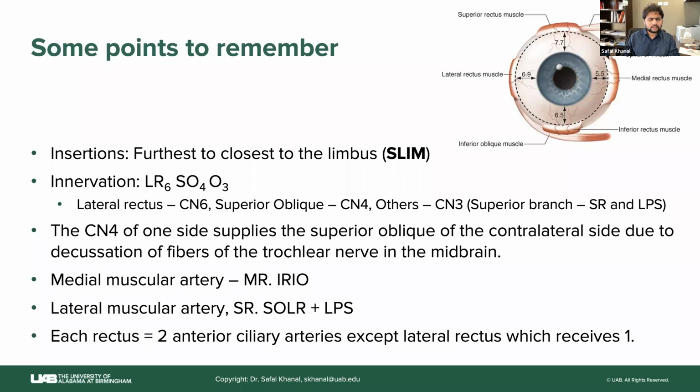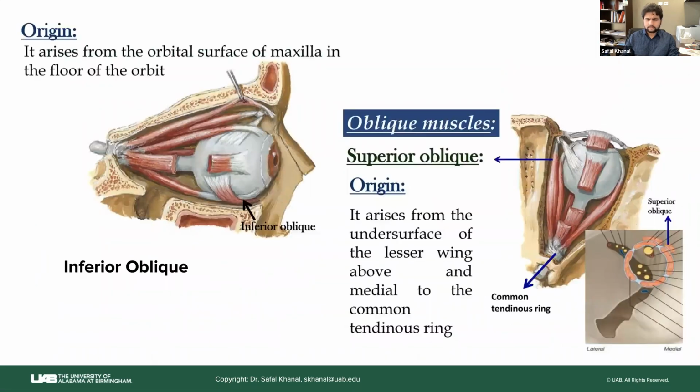The lateral rectus is supplied by the 6th cranial nerve, abducens. Superior oblique is from the fourth, trochlear, and the others are from the oculomotor nerve. It also has two branches, superior and inferior. The superior branch supplies superior rectus and levator, and the inferior branch supplies inferior rectus, inferior oblique, and medial rectus.